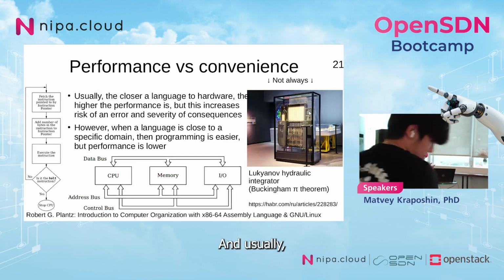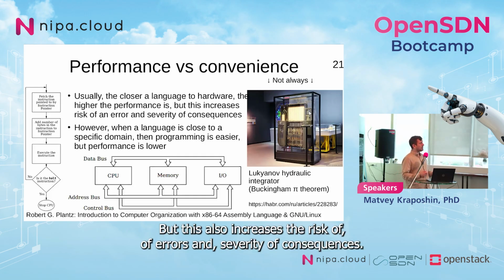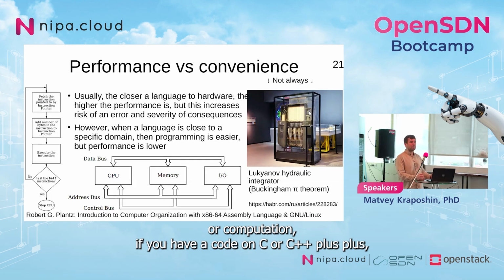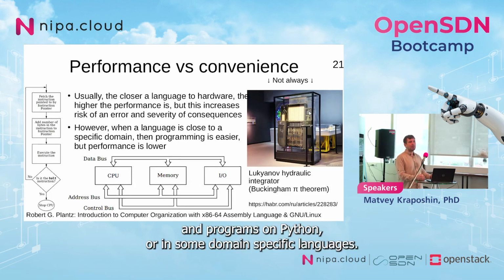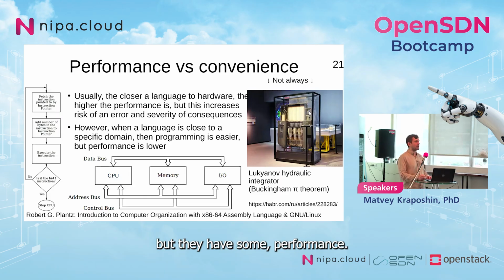Usually, the closer the language is to hardware, the higher its performance. But this also increases the risk of errors and the severity of consequences. It's very easy to ruin a program or computation if you have code in C or C++, and programs in Python or in some domain-specific languages are easier to use, but they have some performance problems.